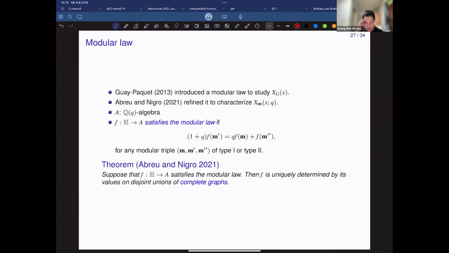So if you have a function f from Hessenberg functions to a Q algebra, it satisfies the modular law if (1 plus q) times f of m prime is equal to q times f of m plus f of m2 prime, when m, m prime, m2 prime is a modular triple of type 1 or type 2.